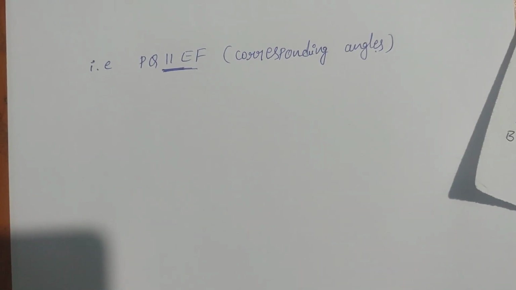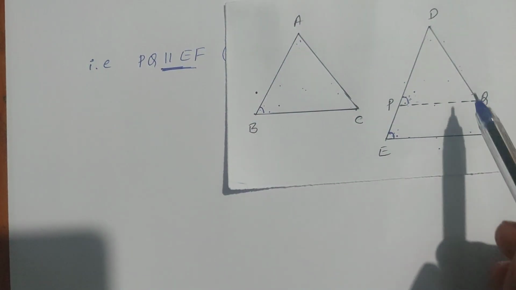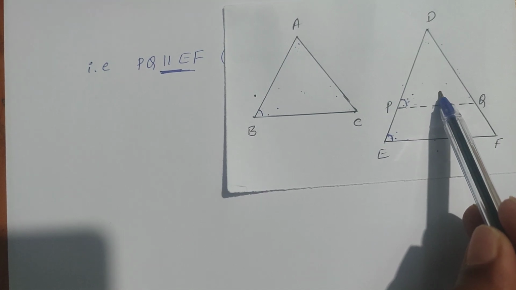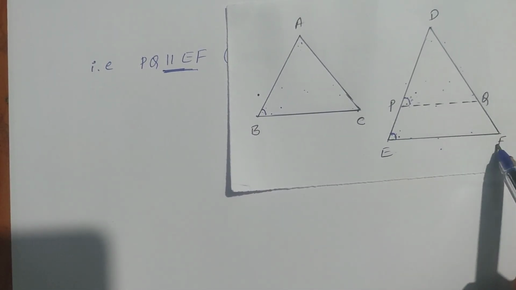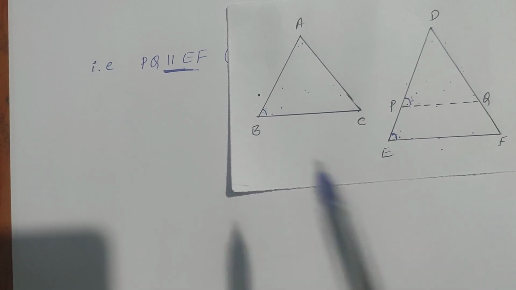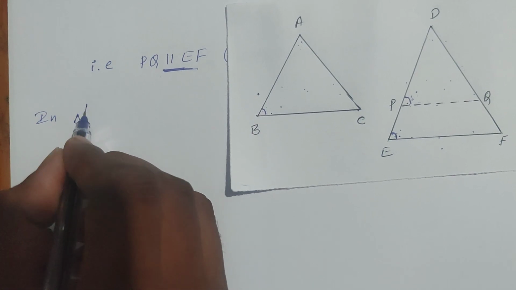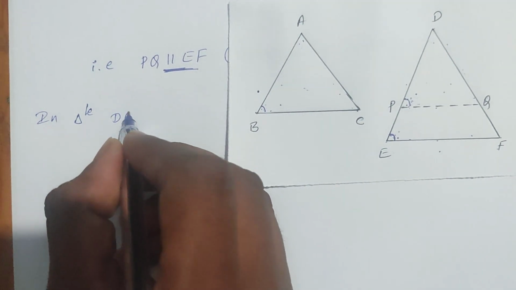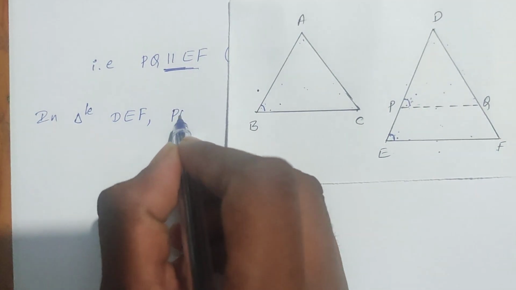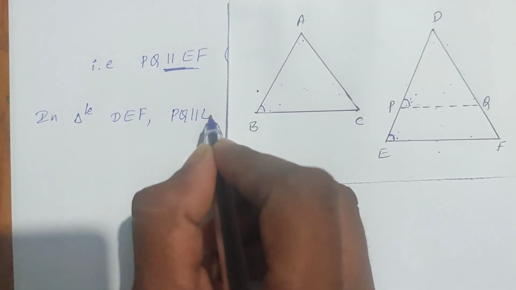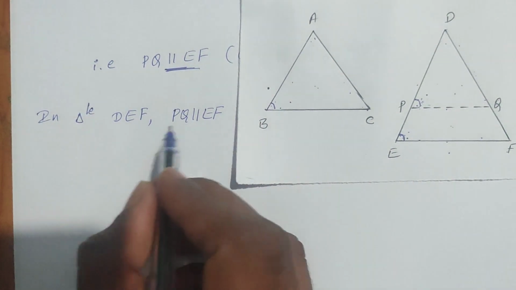Now we will take the next step. Observe the second triangle, triangle DEF. In triangle DEF, PQ is parallel to EF. We just proved it now. So why have I written like this?